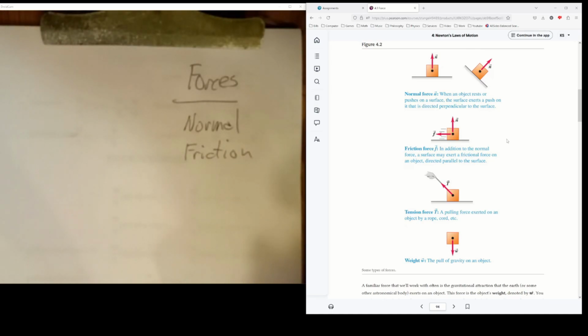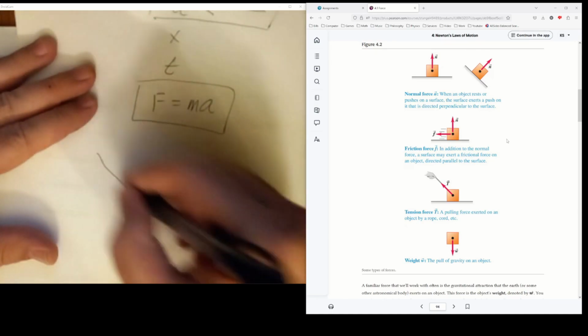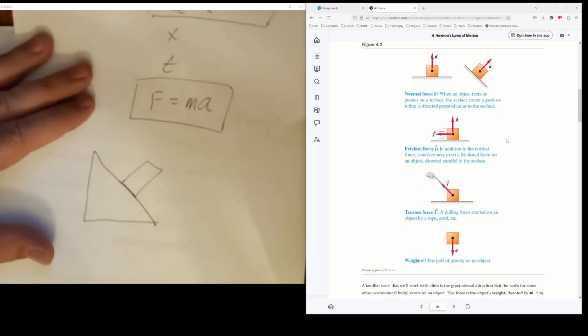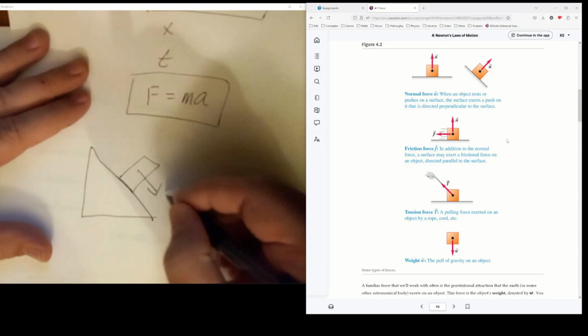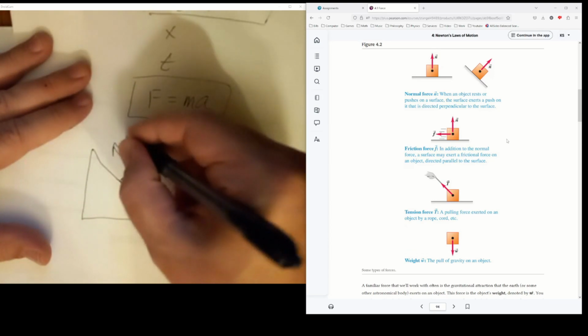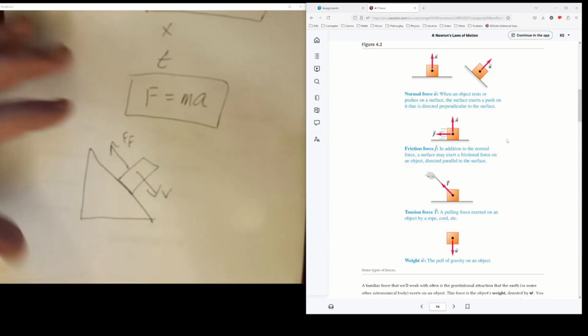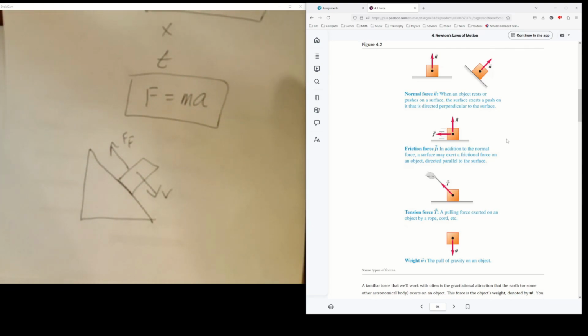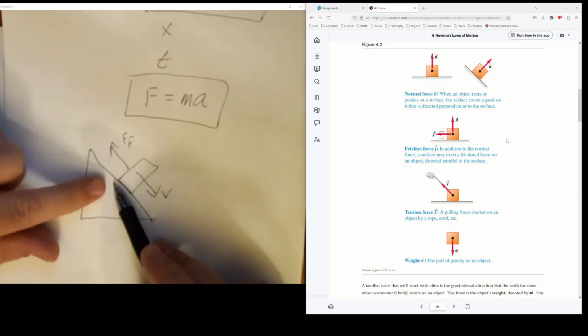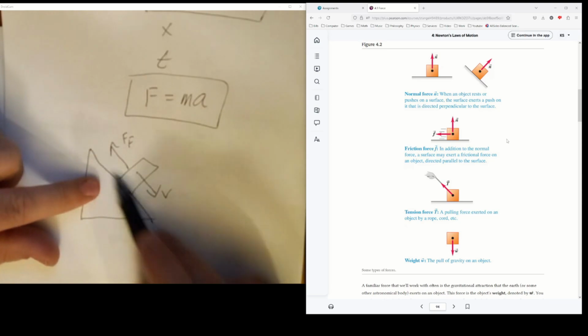So if you're, say, a block on a ramp, the block is going to want to slide down. That's the velocity it's going to go. And so that means the force of friction goes against it. The force of friction always opposes motion, and the force of friction is always parallel with the surface.